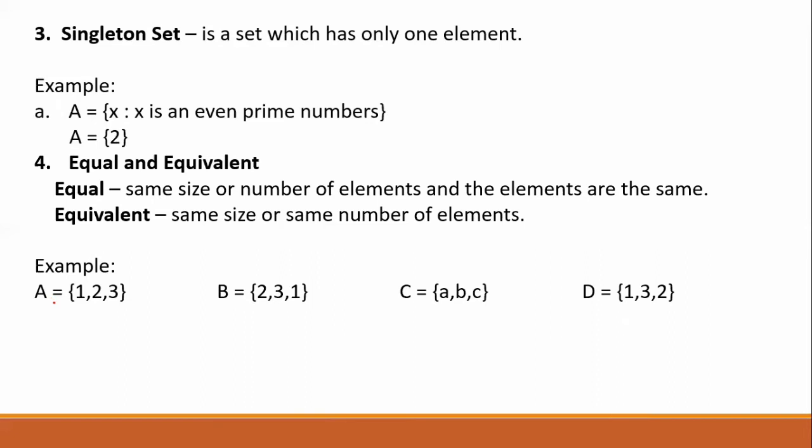Set A is equal to the set containing 1, 2, 3. B is equal to the set containing 2, 3, 1. Set C is equal to the set containing a, b, c. And set D is equal to the set containing 1, 3, 2. So what sets are equal sets?